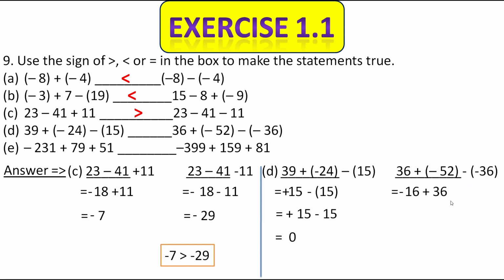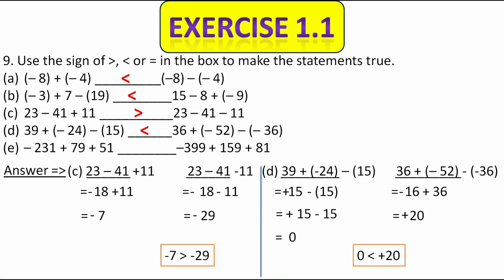Why? Because in between we have a minus sign, so we have to change the sign of the next digit. Now here both of them have different signs, so we have to subtract. 36 minus 16 is 20 with a plus sign, because 36 is bigger and has a plus sign. Now when we compare 0 with plus 20, everyone knows that 20 is greater than 0. So we have to put this sign here.